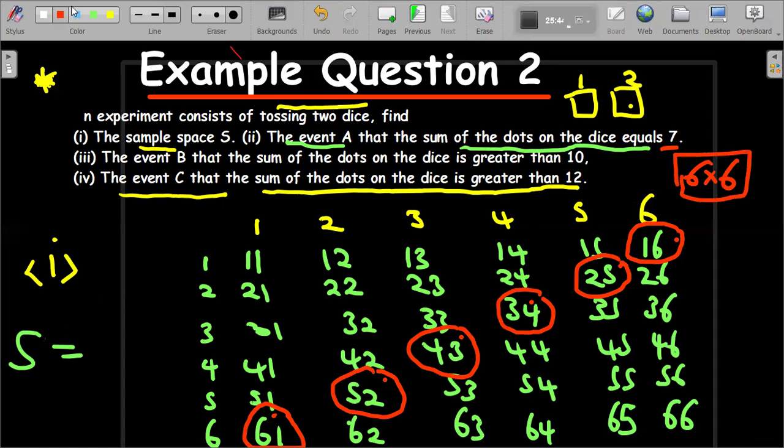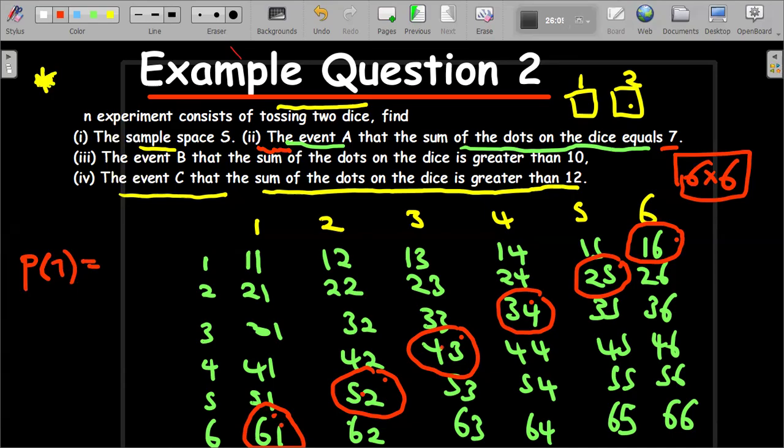Okay, so it means, let me create some space here. So it means that for us to find this first one here, the event that the sum is 7, the probability of the event being 7 is just equal to, how many do we have?